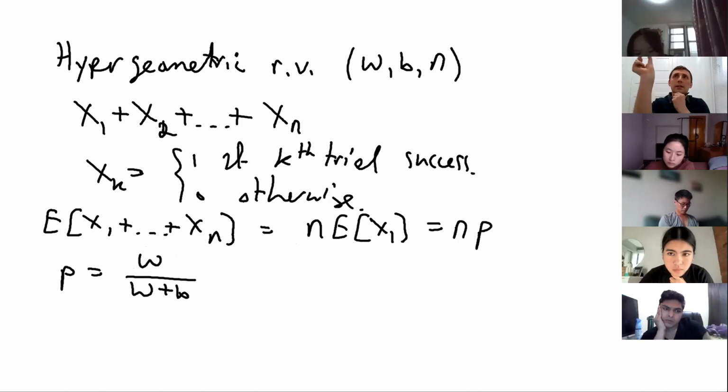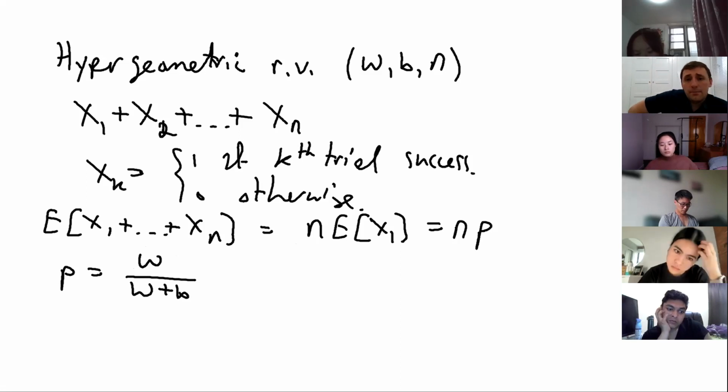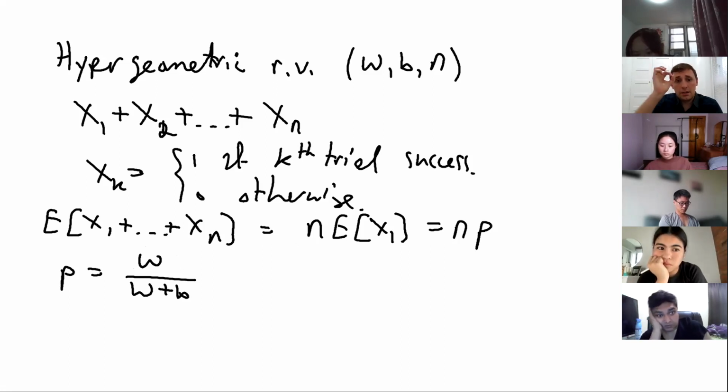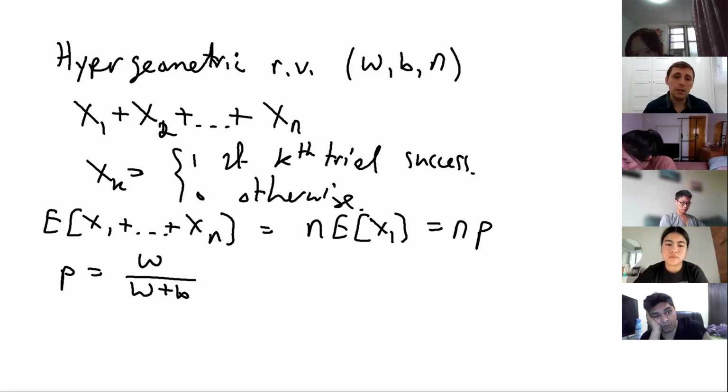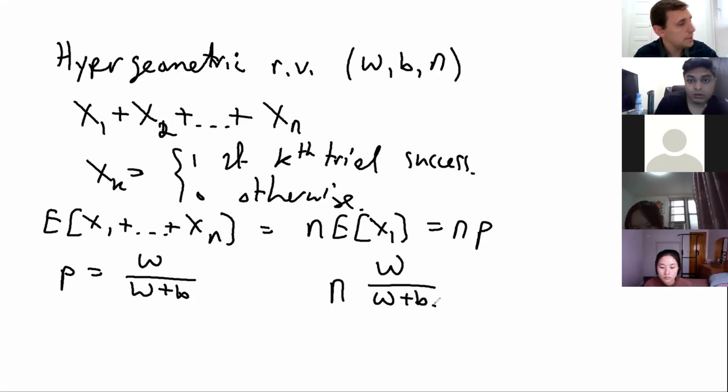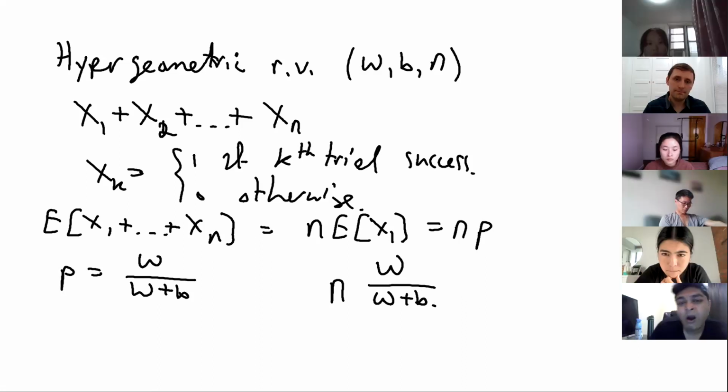And independently, in any place in the sequence, if I draw sequentially, in place K, any one of the balls can be in place K. You agree? So the probability is W over W plus B. So the expected value is indeed n times W over W plus B, just like you described. Yes?